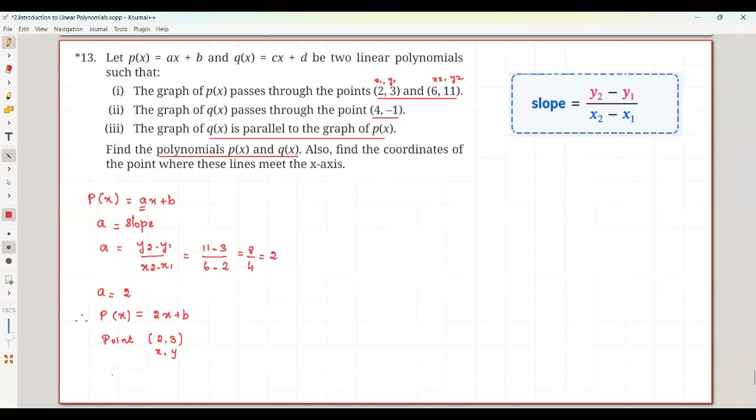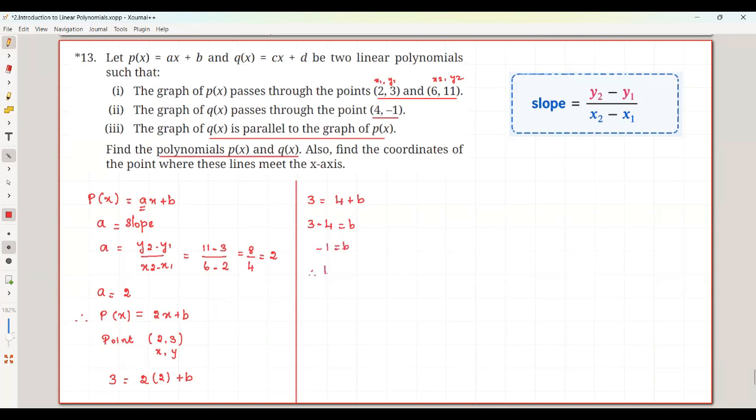From this, 3 is equal to 2 into the x value 2, plus B. Now simplify. 3 is equal to 2 twos are 4 plus B. Now take this 4 to this side. So 3 minus 4 is equal to B. That means 3 minus 4 is minus 1 is equal to B.